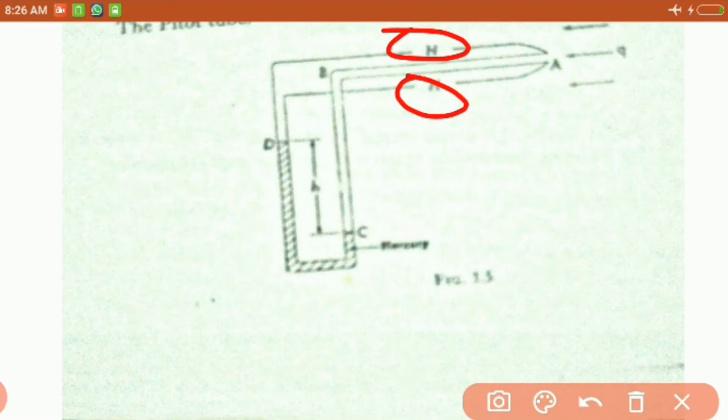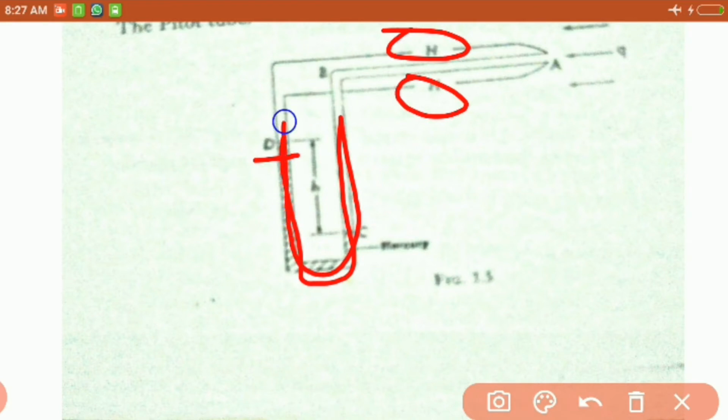So P is also the pressure on the inside and outside of the hole, and also the meniscus D of the mercury in this U-shaped tube.